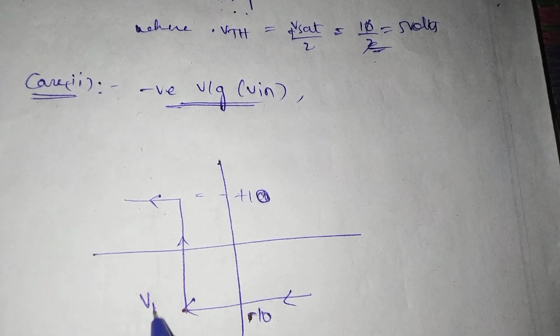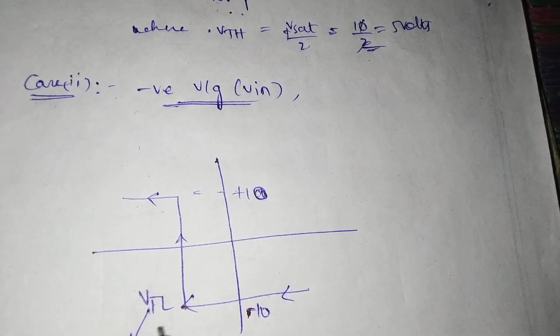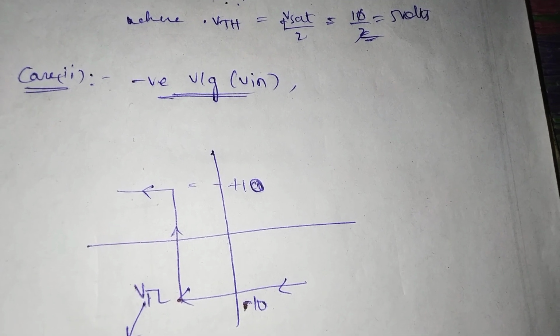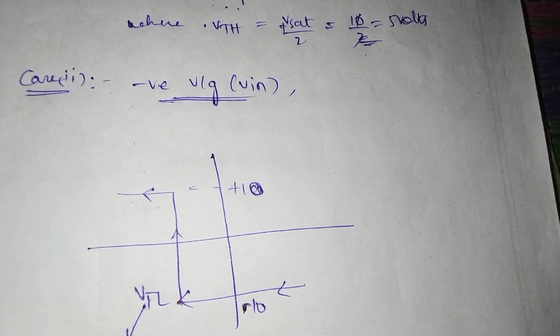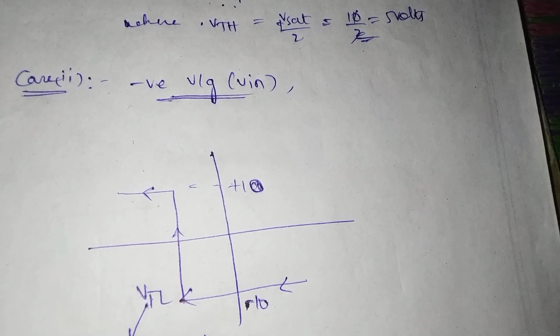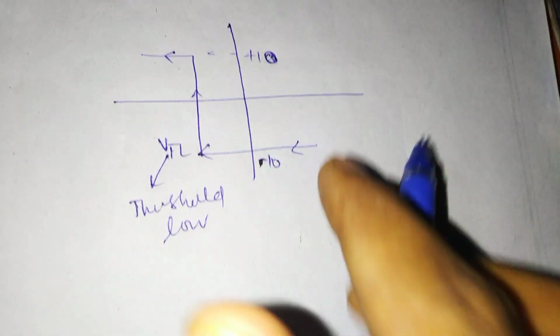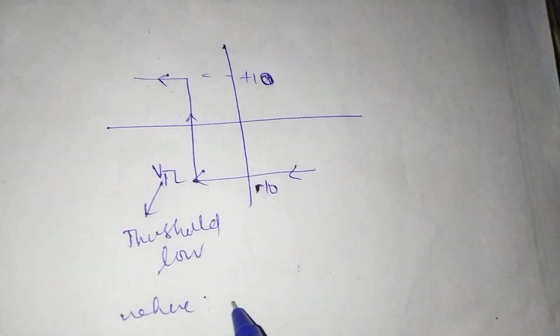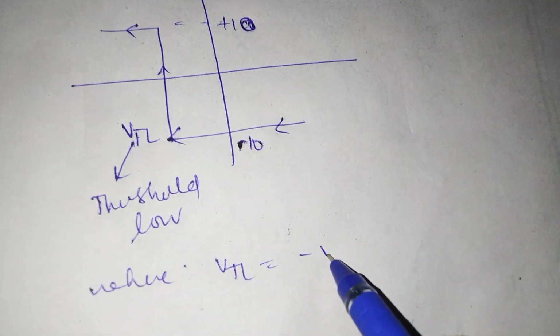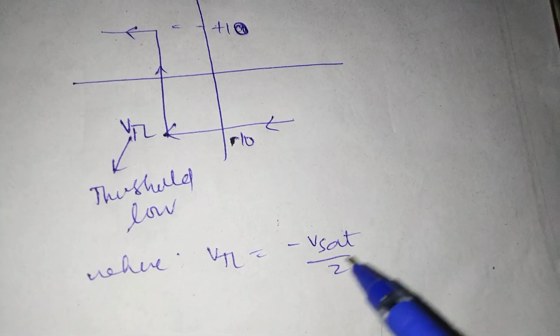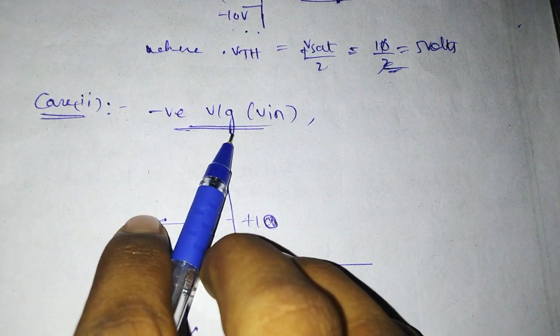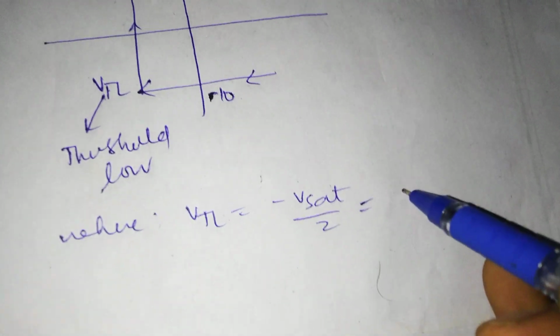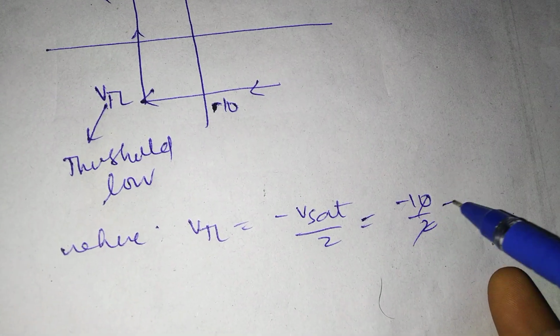This is called VTL, the threshold low, where VTL equals minus V saturation by 2. Why do we take negative? For case 2, we already mentioned negative input voltage, so for the negative input voltage we take it as minus. So minus 10 by 2 equals minus 5 volts.